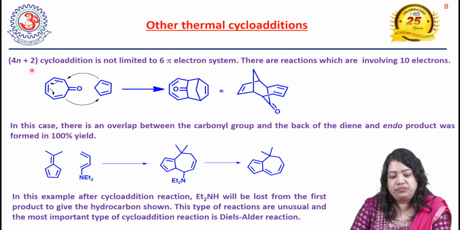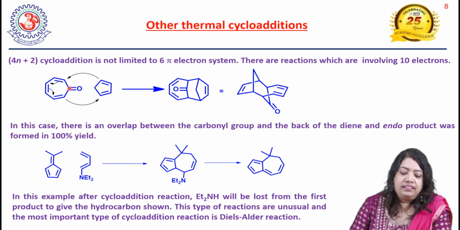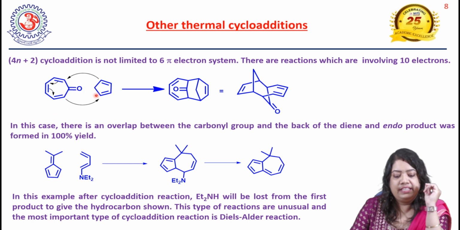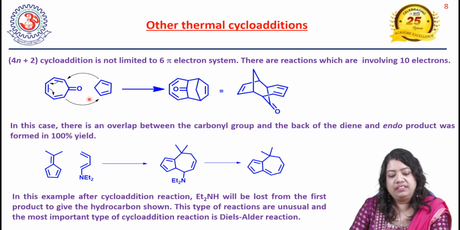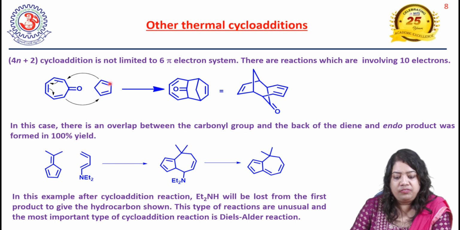This also obeys the 4n plus 2 pi electron rule, and cycloaddition can happen. Since one carbonyl group is there in this cyclic triene, this carbonyl will overlap with the backside of this diene to give exclusively the endo product in 100% yield.